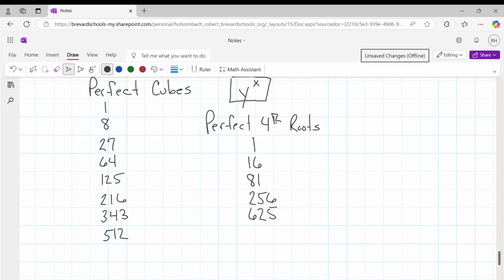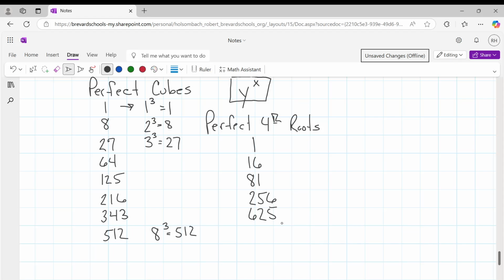Okay? So these are perfect cubes because 1 is a perfect cube because 1 to the third equals 1. And 2 to the third equals 8. And 3 to the third equals 27. And 4, 5, 6, 7, 8 to the third equals 512. That's why they're perfect cubes. Okay?